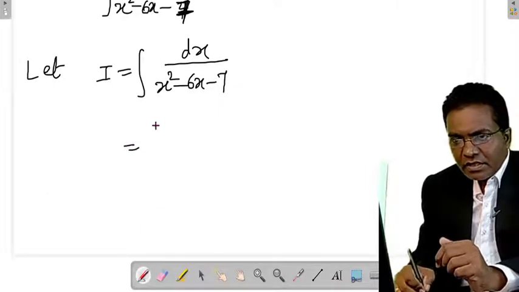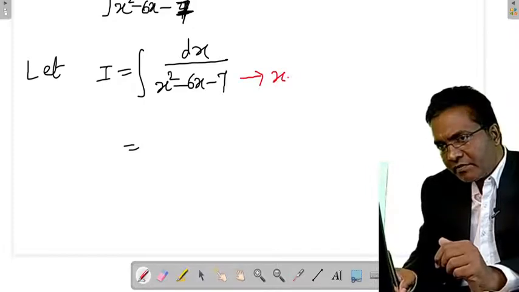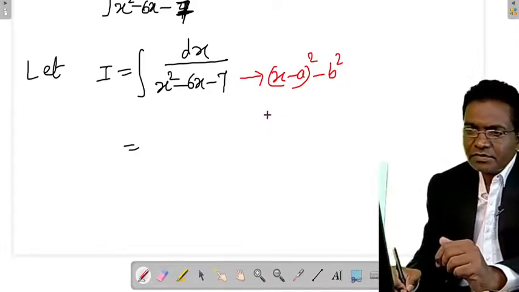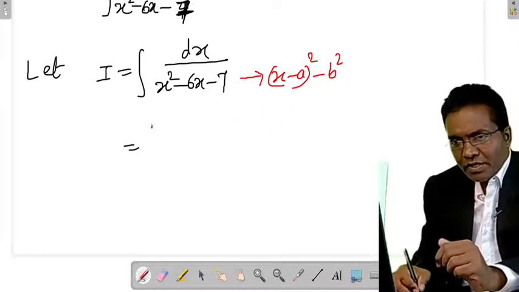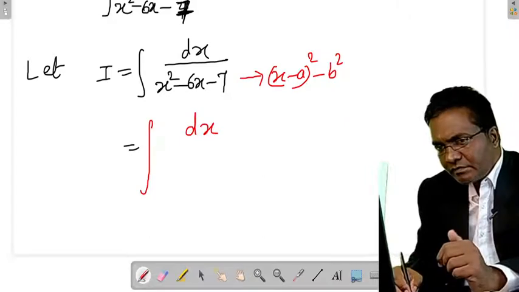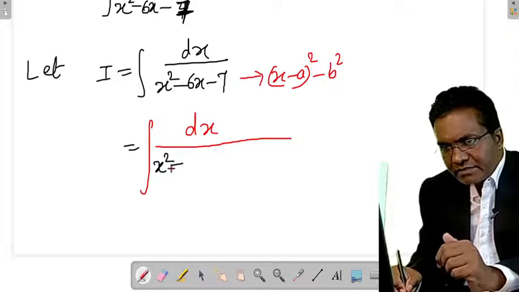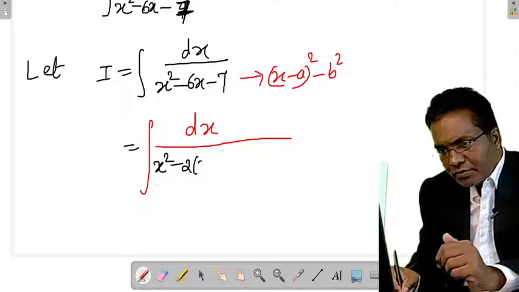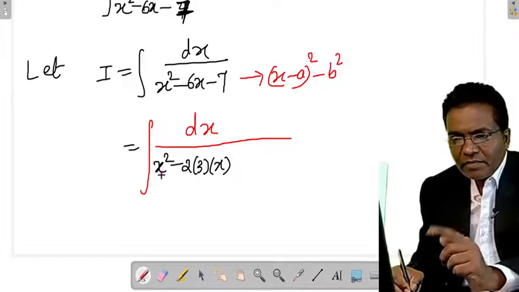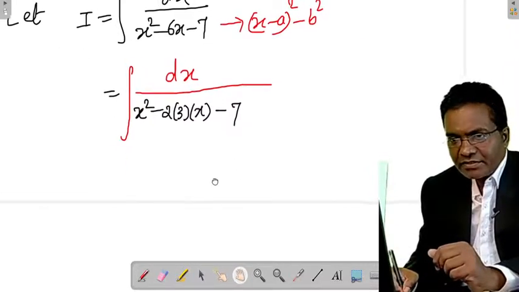Okay, now see here, in the denominator you try to convert it into this form. You have to express it in the form of x minus a whole square minus b square. There are various techniques to convert it by completing the square. See here, I write it as x square minus 2 into 3 into x. This is of the form a square minus 2ab, and this minus 7 as it is I will write.